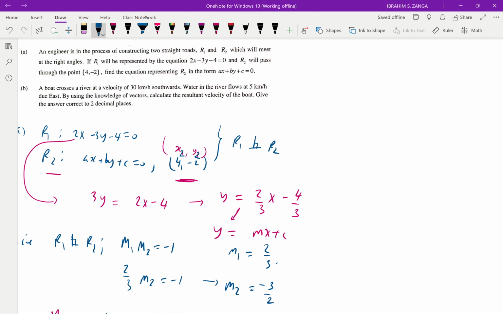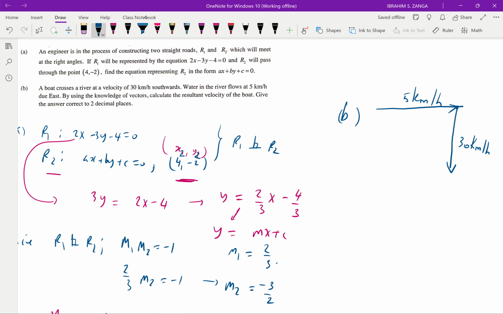So we have a boat crossing the river going southward with speed of 30 km per hour. Water in the river flows at 5 km per hour due east. So water is flowing due east at a rate of 5 km per hour.